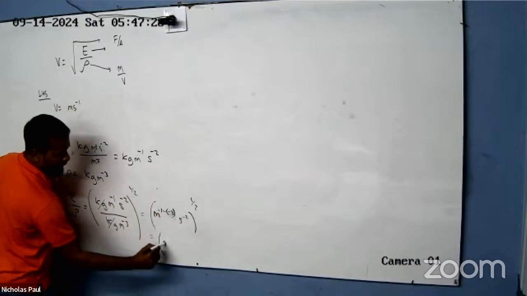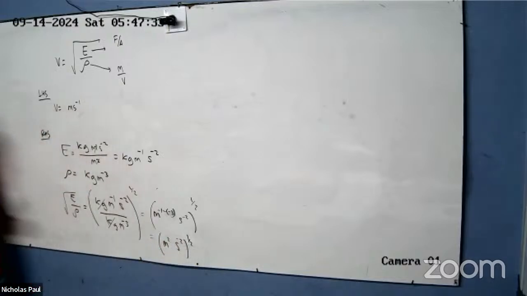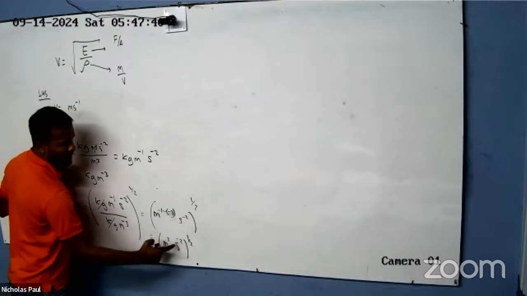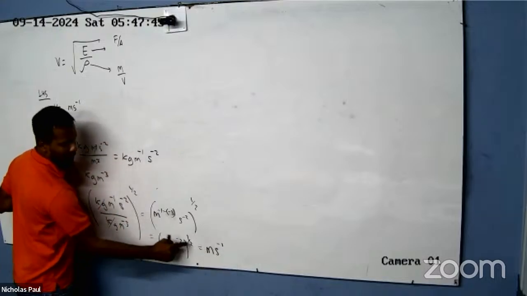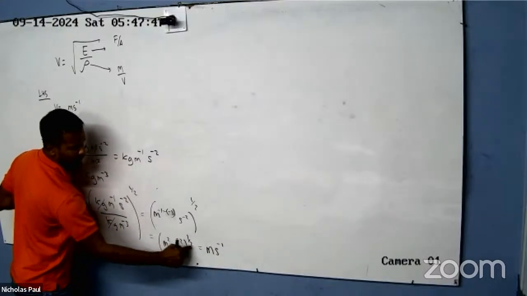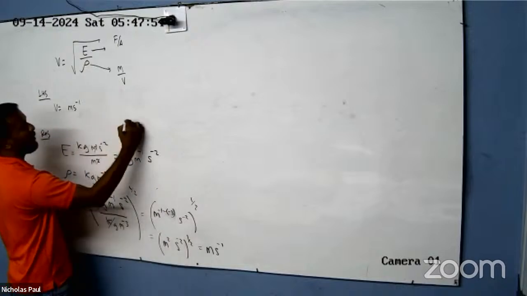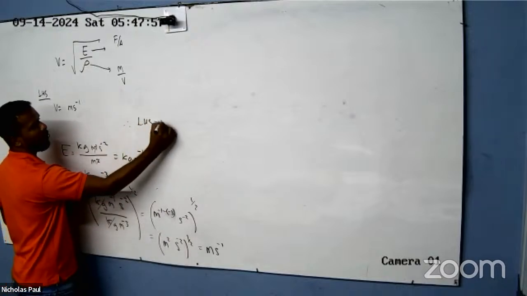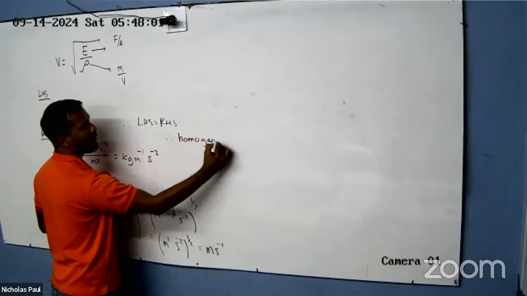So I got m squared s to the minus 2 all to the power of a half. Good. Are you okay with that? Yeah. And now 2 by a half, minus 2 by a half, we get m s to the minus 1. 2 by a half is 1, minus 2 by a half is minus 1. So this and this are equal, therefore left hand side equals right hand side, therefore homogeneous.